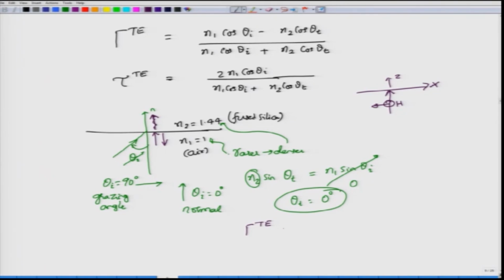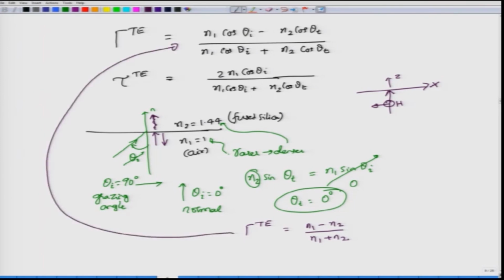So, gamma TE will be equal to N1 minus N2 divided by N1 plus N2 from this expression. So, look at this expression, theta I is 0. So, cos theta I is 1, theta t is 0, cos theta t is 1.